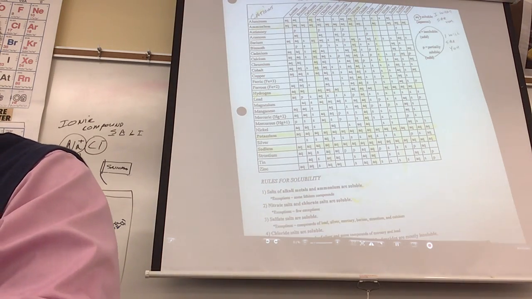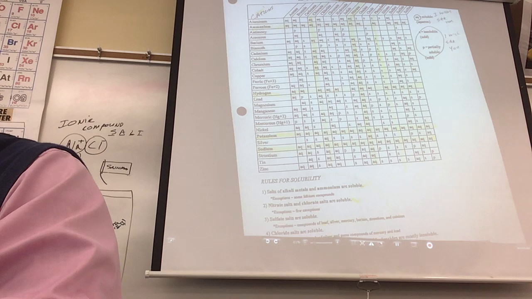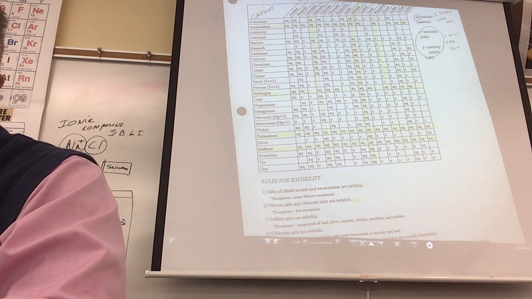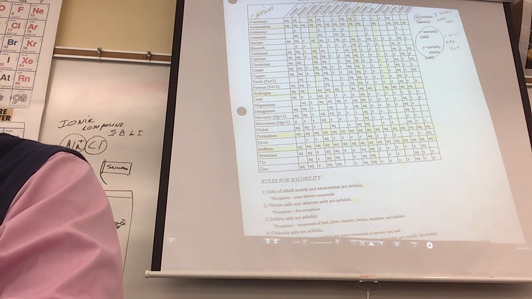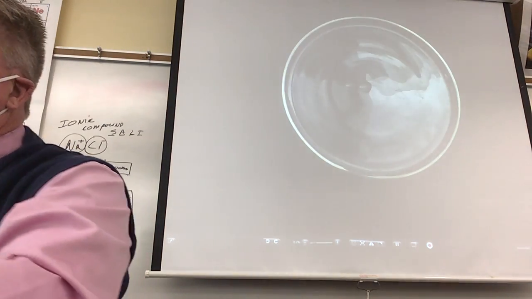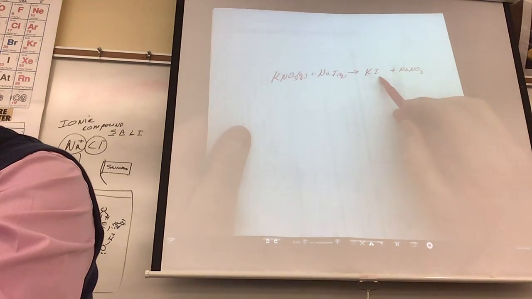By the time the test comes, you'll say, I remember that all potassium salts are soluble, aq, so they're not going to form a solid. So what are you going to write after the potassium iodide? Aq.